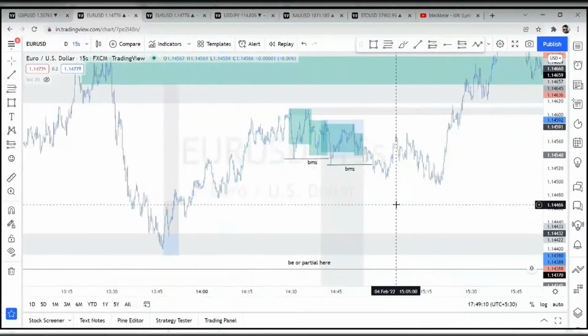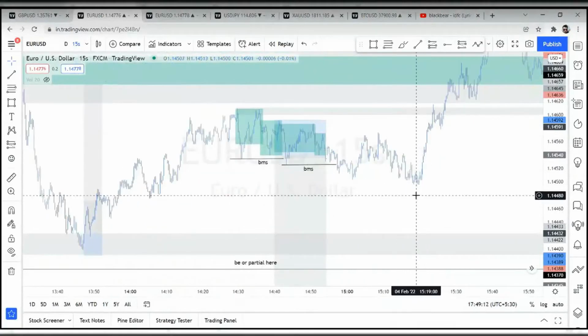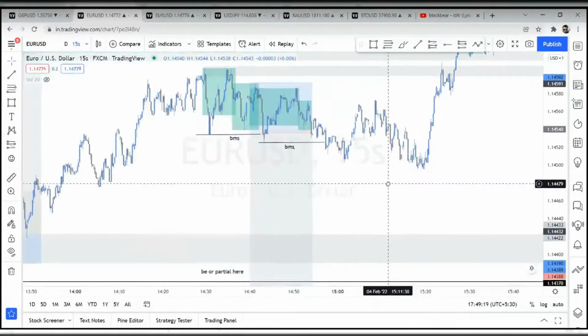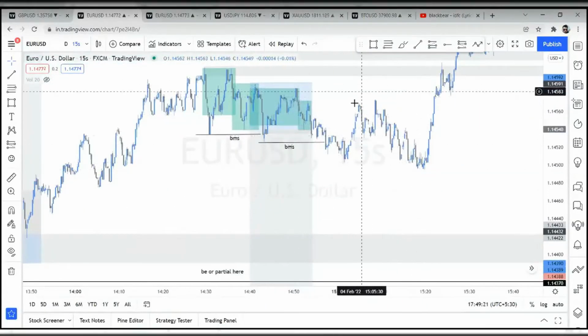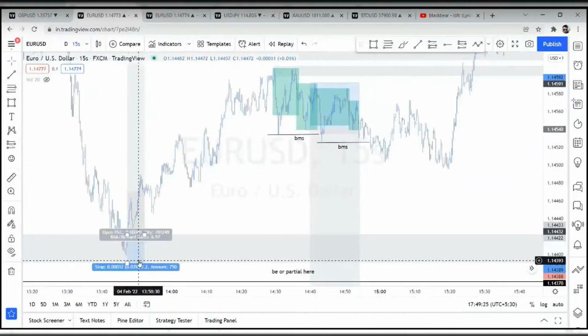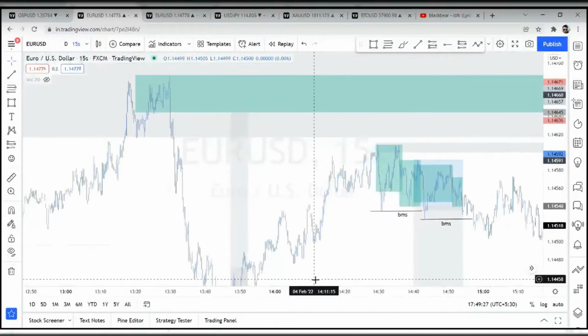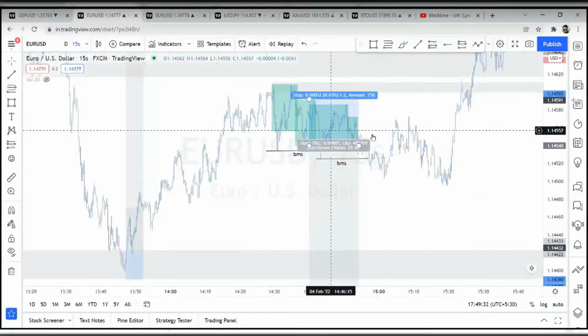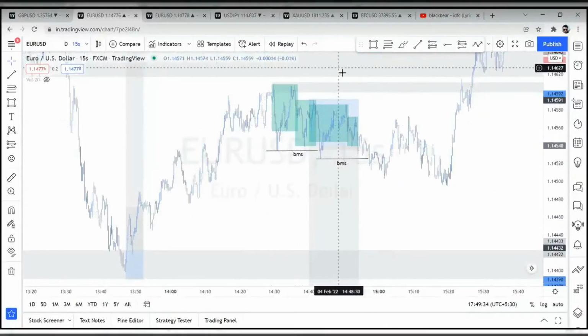It's fine as long as you stick to your rules. Your edge will play out. So maybe some took a stop loss here, maybe some took a BE, but the point is that our bias, right from selling here to buying here and then selling here, was all fine. It's all lined up with our bias.